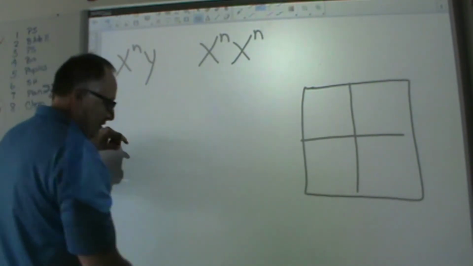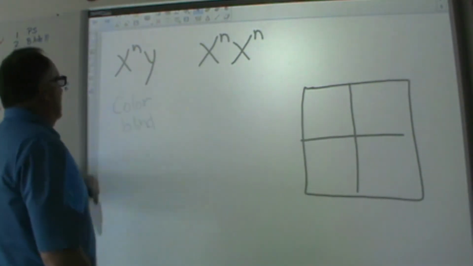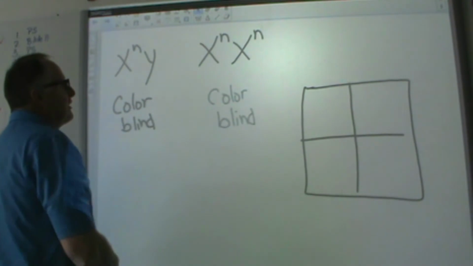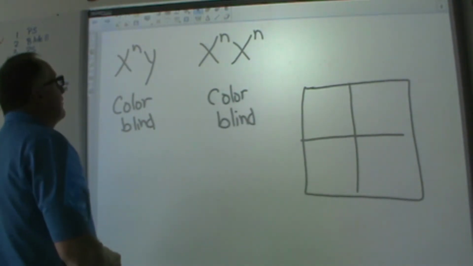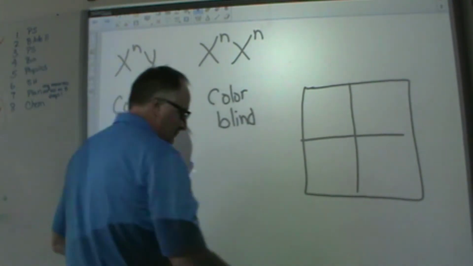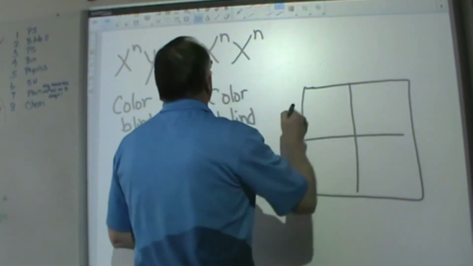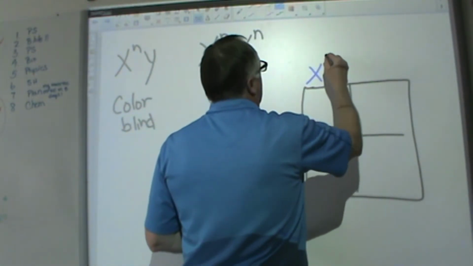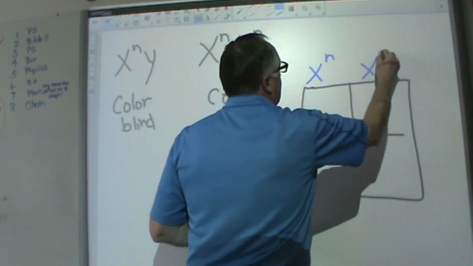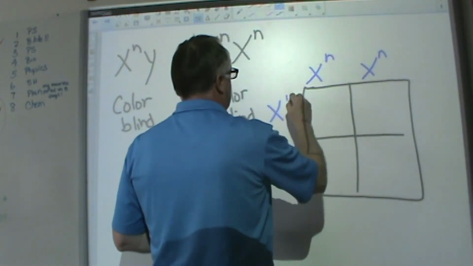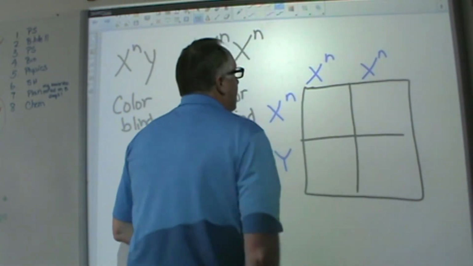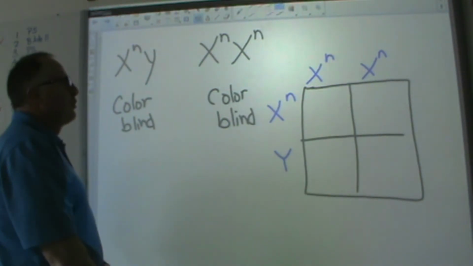Now if we have everybody colorblind, then you can see that all of the offspring, there isn't any way to get a normal vision in there.